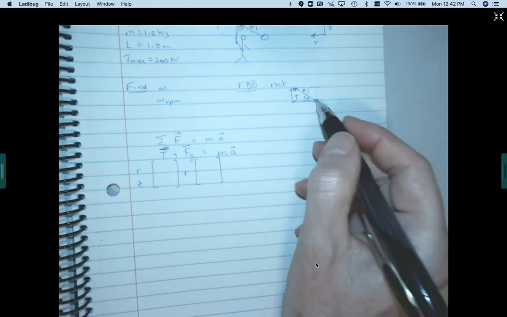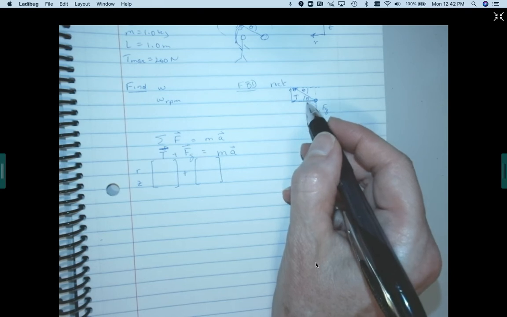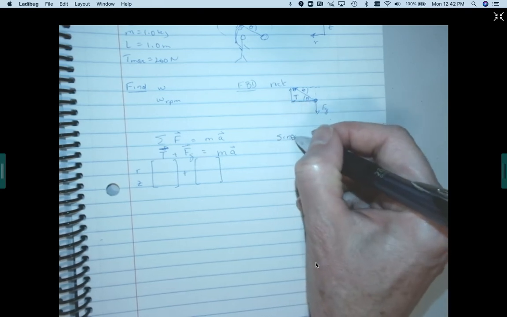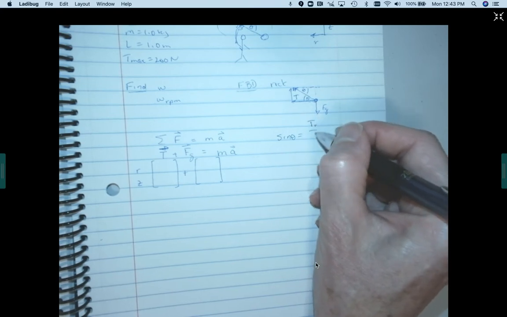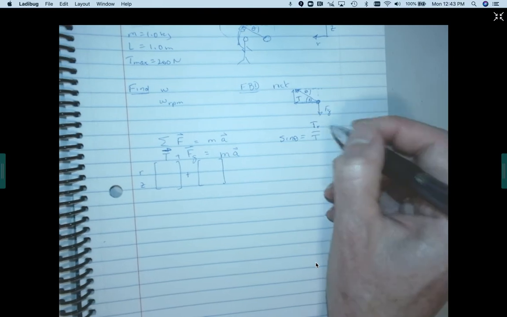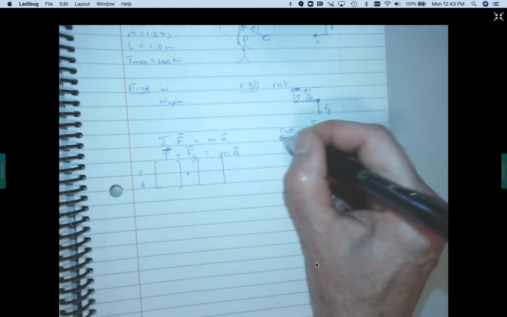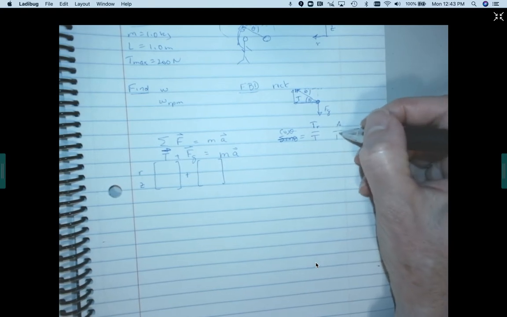All right, so tension in the radial direction, but that's the side adjacent to theta, right? Cosine theta equals TR over the hypotenuse T. Oops, nope, I first said sine, but that's cosine. You guys should tell me when I'm wrong. Okay, right, that's our adjacent over hypotenuse side.